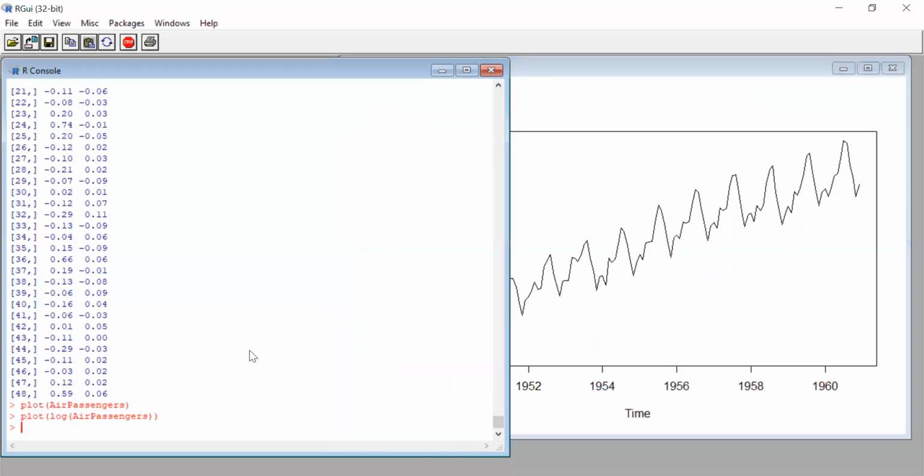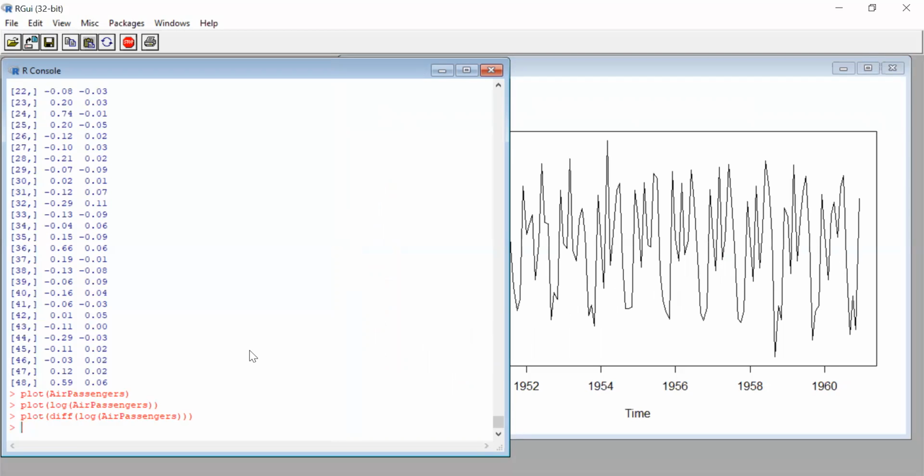Yeah, so take care of the constant variance and take the difference, right? It's because of the increasing. And we took another difference because of the seasonality, right?